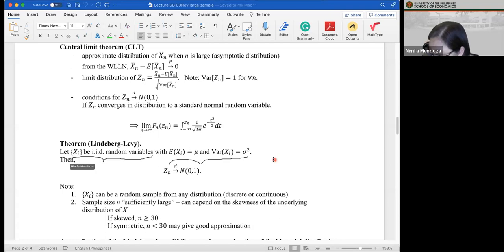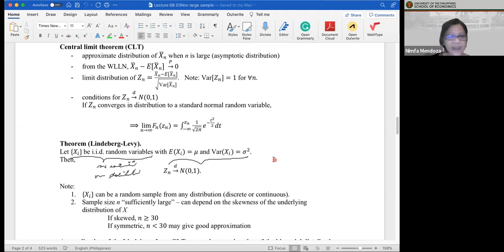Okay, so here there is no restriction on the distribution. It can be exponential, it can be Bernoulli, it can be binomial, or whatever.